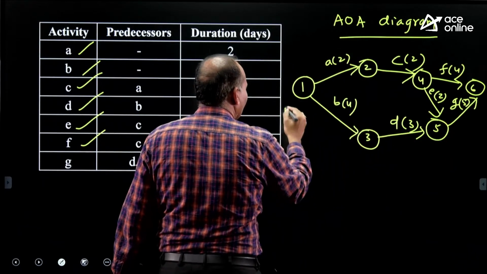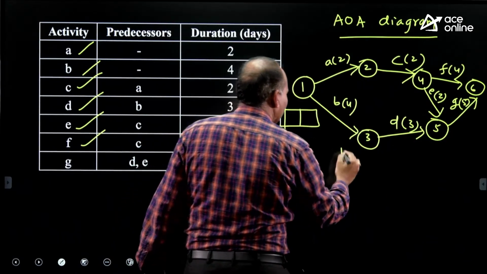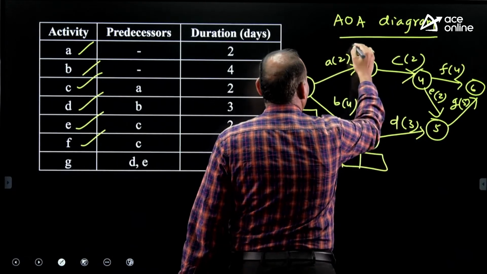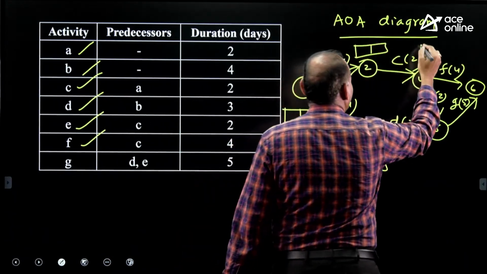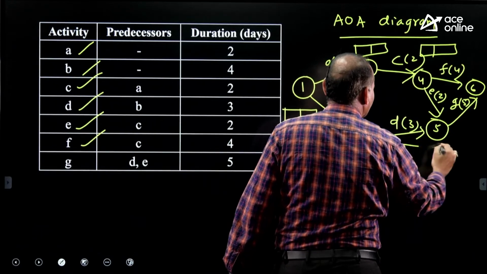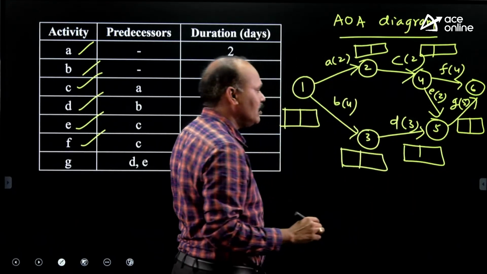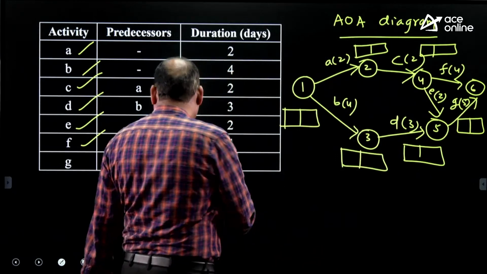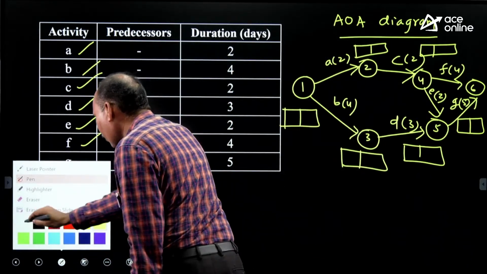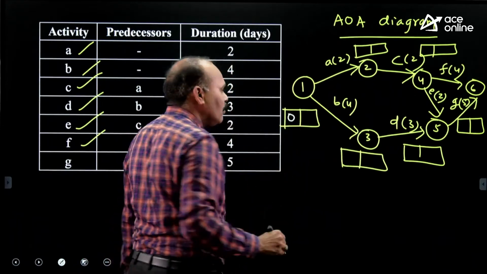And you can have the calculation of earliest and latest values. At each event you can find the earliest and latest values. Draw 2 boxes at each and every event and start with 0. First event value 0.